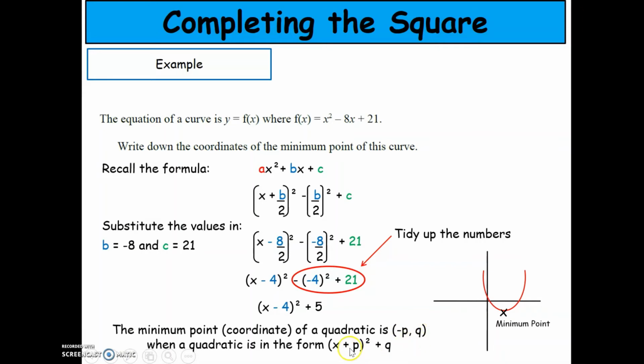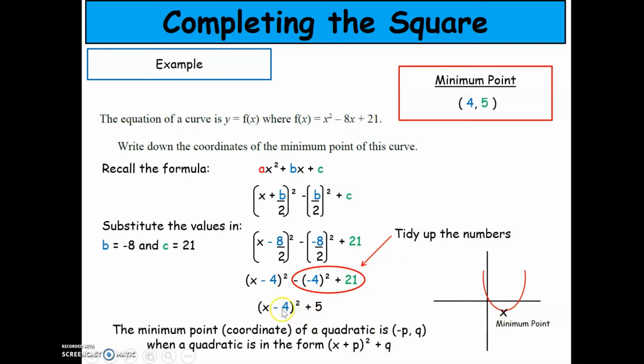So if I now identify the coordinates here of p and the coordinates here of q, because I have a minimum point, the coordinates of the minimum point in this case, it must be minus 4, which is going to be a positive 4, and the value of q here is 5.